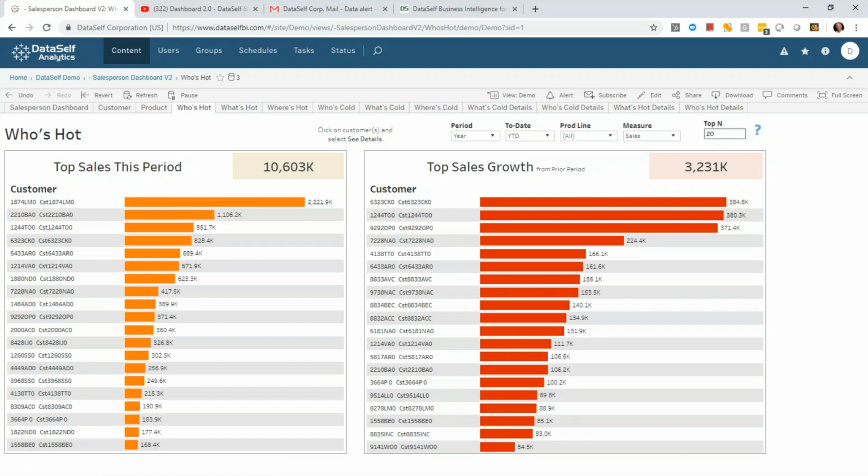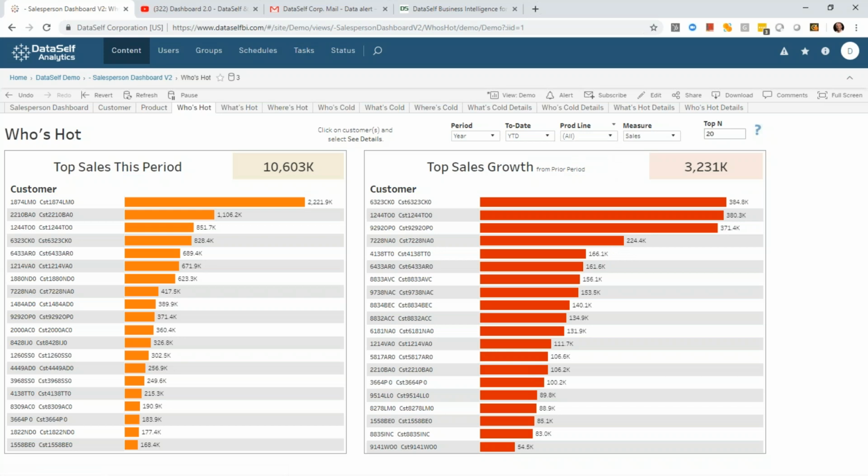Some companies, when they look at reports like this, want to slice by product line, by territory, by whatever it is. This is an example of a slicer that we could choose here. I want to see the top salespeople by a certain product line or a certain territory. You just pick and choose, and then the report shows right there.